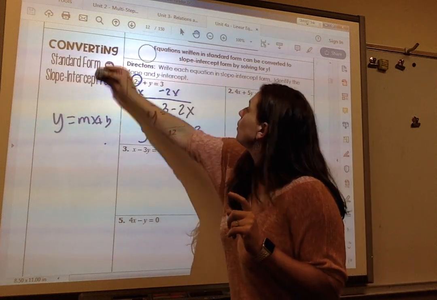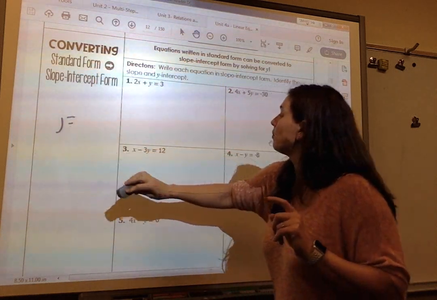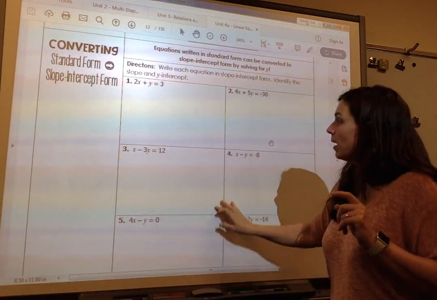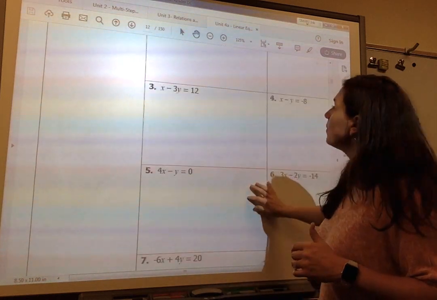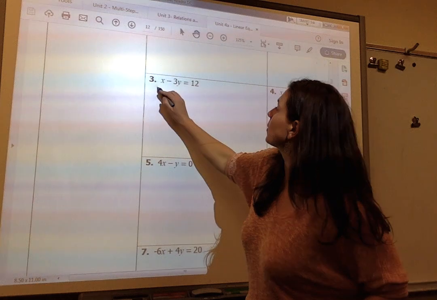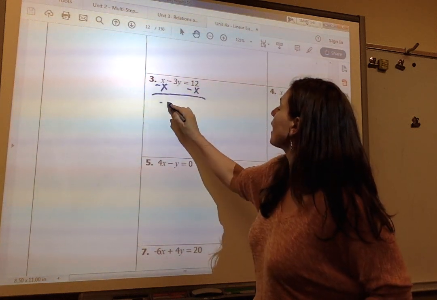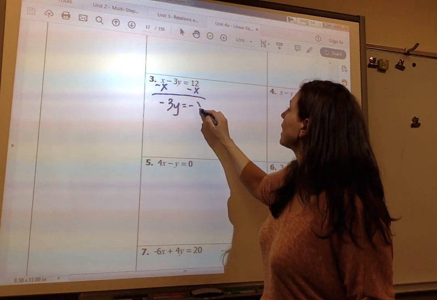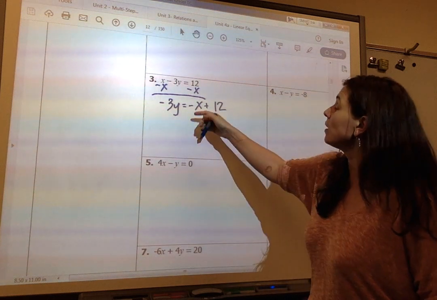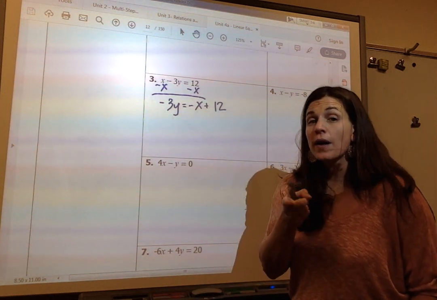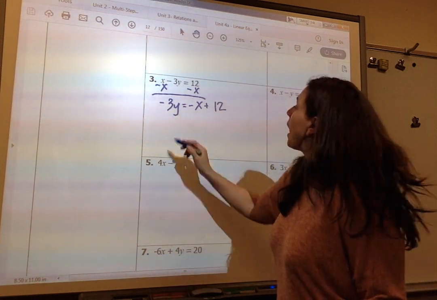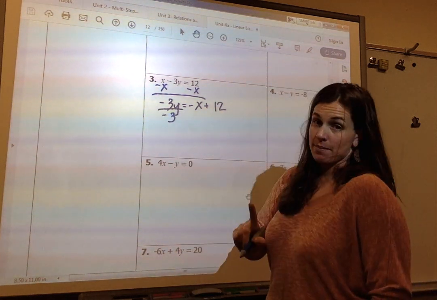Okay, so let's do a couple of those examples together, and let's just go down the list on the odd ones, okay? So I get y by itself, so I'm going to subtract x on both sides. I get negative 3y equals negative x plus 12. Notice I'm putting my slope first and then my constant term. Watch when I divide by a negative 3.